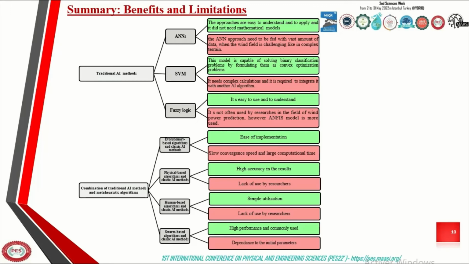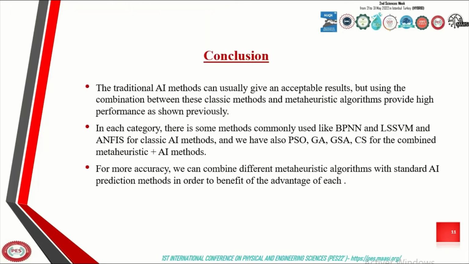So as a conclusion, the traditional artificial intelligence methods can usually give acceptable results, but using the combination between these classic methods and meta-heuristic algorithms provides high performance as shown previously.